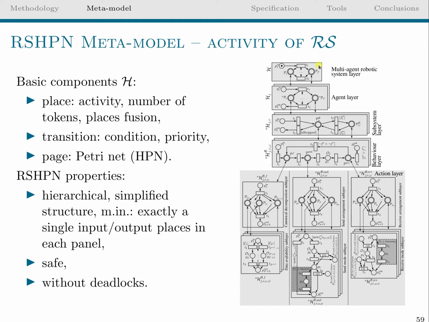the Petri net has appropriate properties. It fulfills properties such as being safe and having no deadlocks.